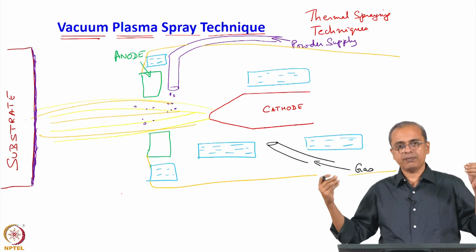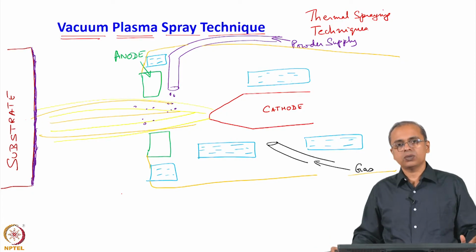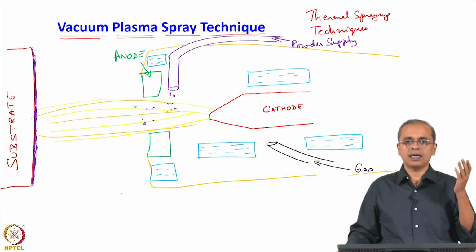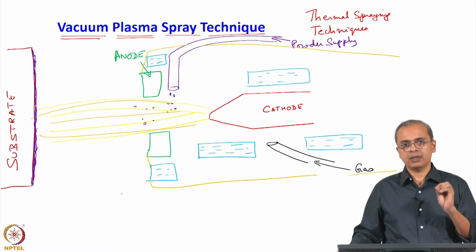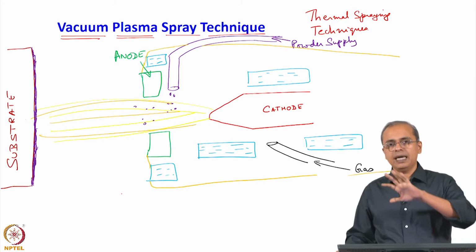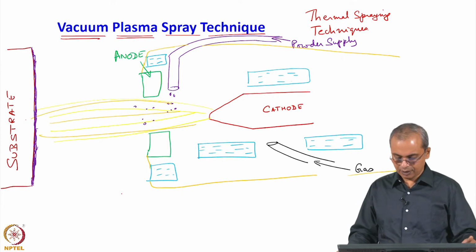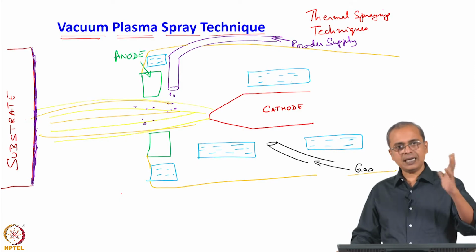First you begin by pumping down the chamber to very low pressure, so that you can remove any presence of air, any presence of moisture from that chamber, and then you refill with a little bit of argon. It is still low pressure, filled with a little bit of argon, and it is in that atmosphere that you are doing this plasma based deposition process.